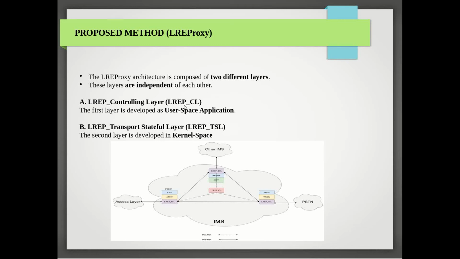The CL and TSL could run as independent functions on different machines. For example, in this picture, we have one control layer for LREProxy and multiple transport stateful layers that could work with one machine.